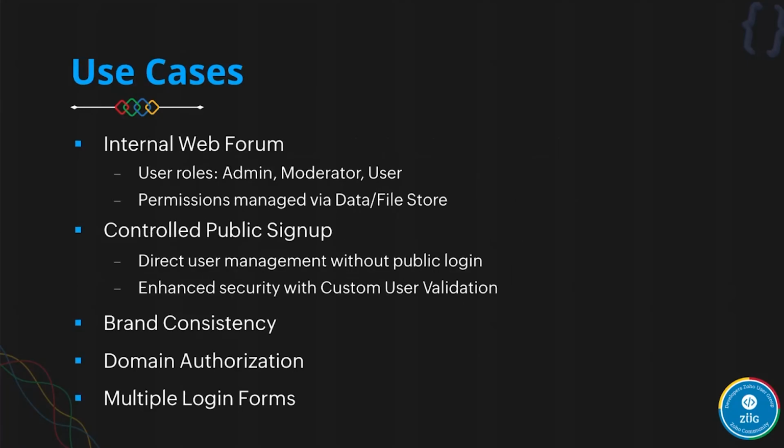When it comes to use cases, Catalyst's authentication component fits seamlessly into real world scenarios. Say, for example, an internal company forum built with Catalyst can easily manage user permissions, allowing admins, moderators, and regular users different levels of access.